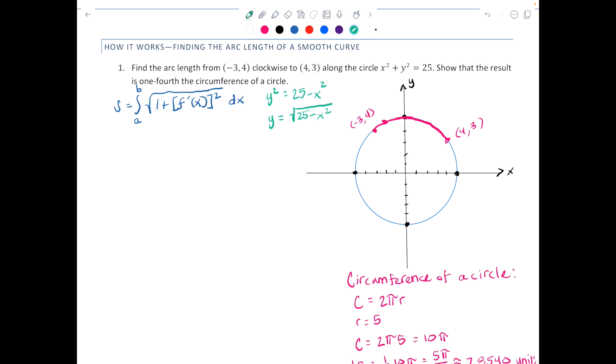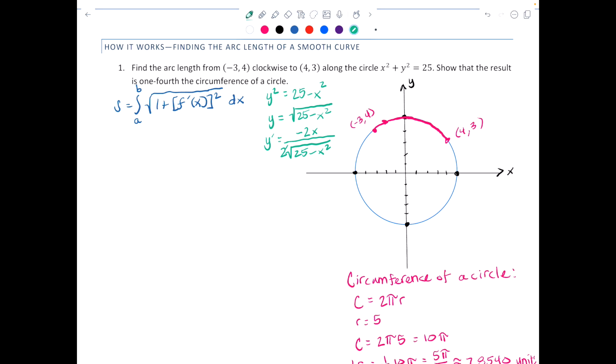So y prime, which is the same as f prime, is going to be negative 2x, using the chain rule, over the square root of 25 minus x squared, and then we have a 2 there because it's 1/2 times what's inside to the negative 1/2.